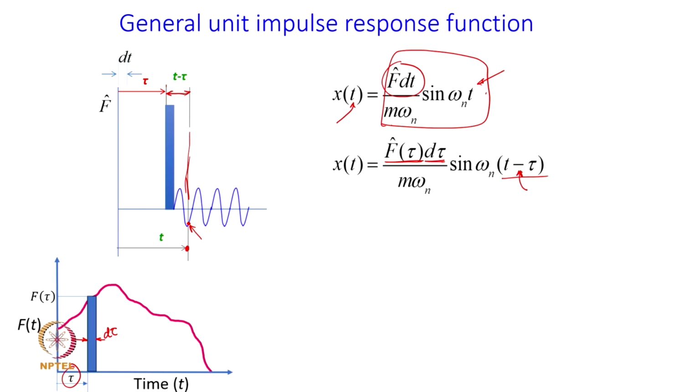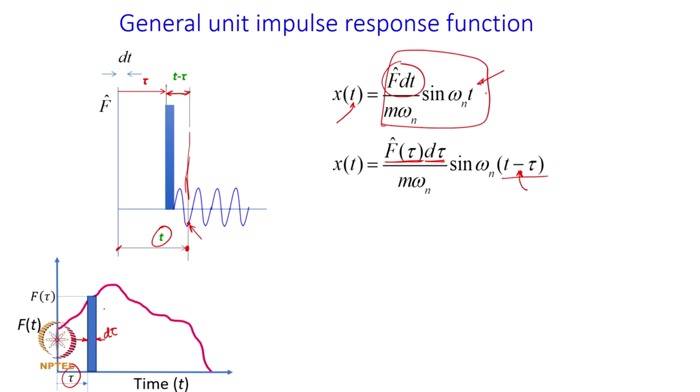So, if we use this global time, starting from t equal to 0, we will end up getting erroneous values for all the impulses that are happening after t equal to 0.